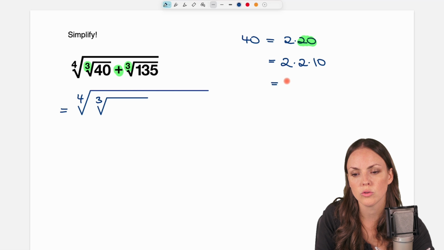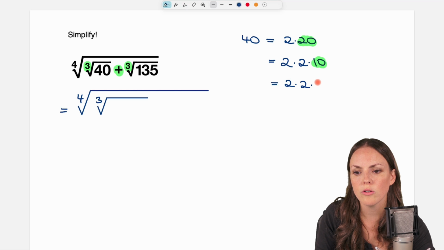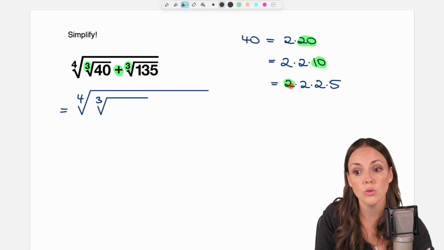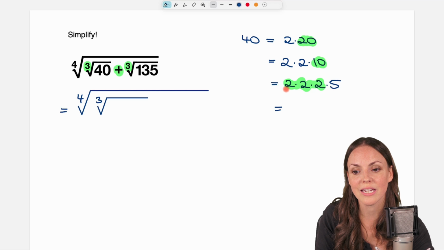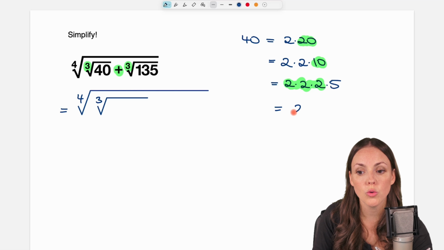Okay, so we have 2 times 2 times. And what can we do with the 10? We can write it as 2 times 5. So we have 2 times 2 times 2 times 5, which means we can write this here as 2 to the power of 3 and then multiplied by 5.